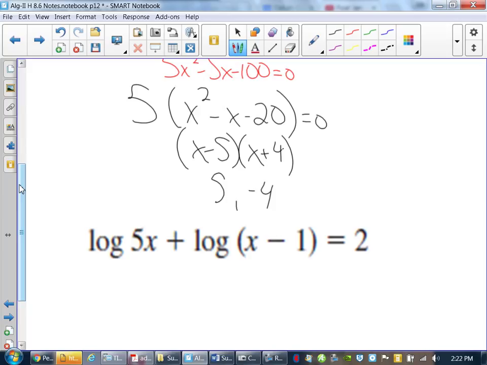So in this case, 5 times negative 4 gives me negative 20. I can't take the log of a negative, so that's extraneous. It's an answer, but it's not an answer. Correct. So it is an extraneous solution. It happens a lot with equations that deal with logs.